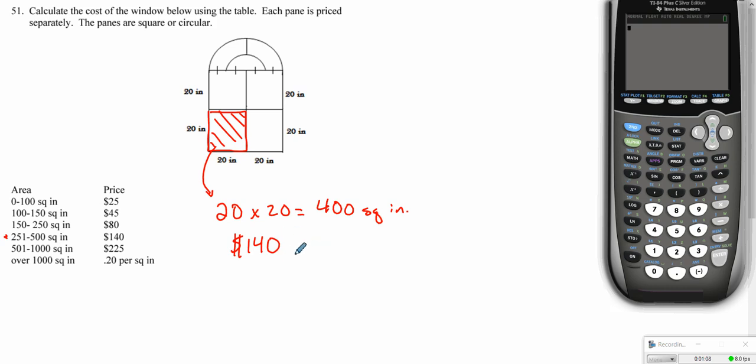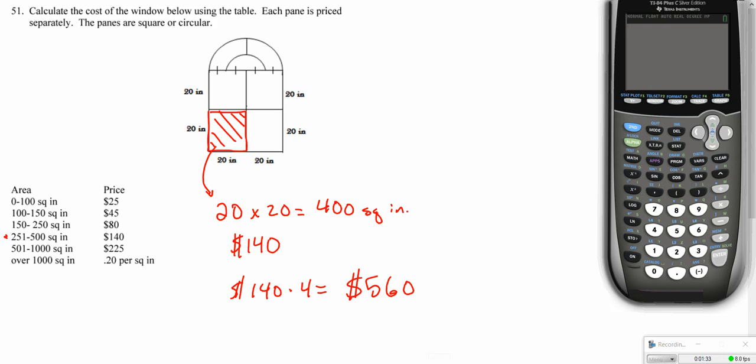Now we have to do the times 4. There are 4, and $140 for each, so we'll do 140 times 4. $140 times 4 would be $560. And so that's all of that.